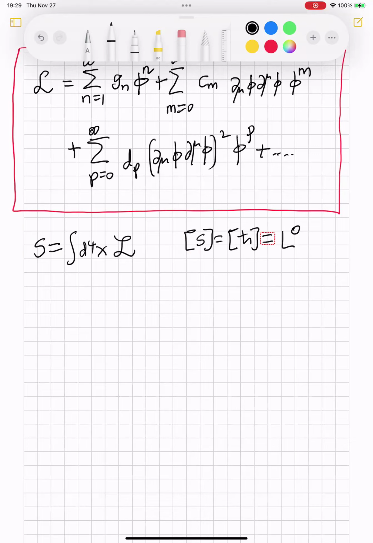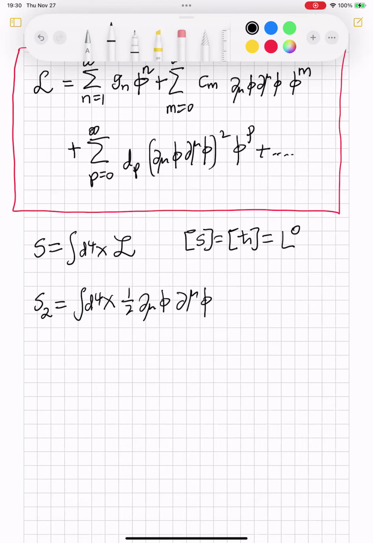And so the term that we usually use to figure out what the dimension of the field is just the kinetic term. So if we just think about the free field kinetic term, this would be an integral d4x 1/2 d mu phi d mu phi.